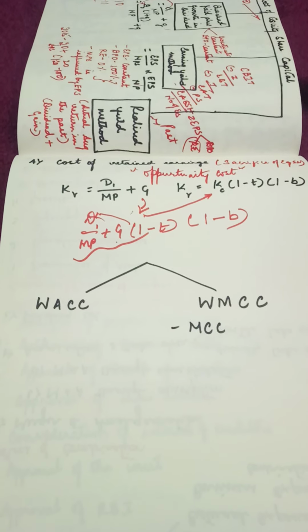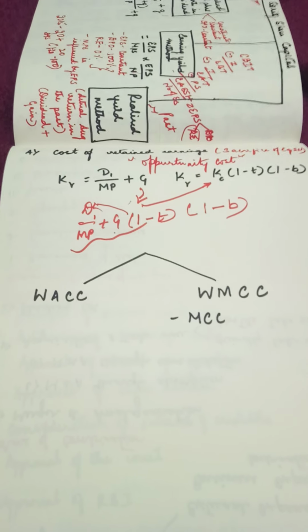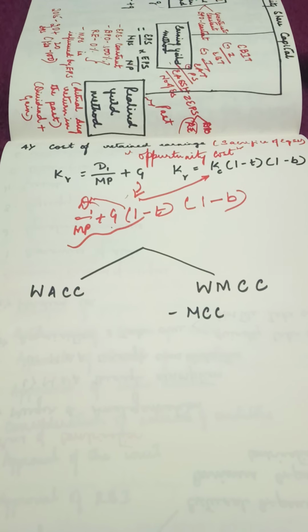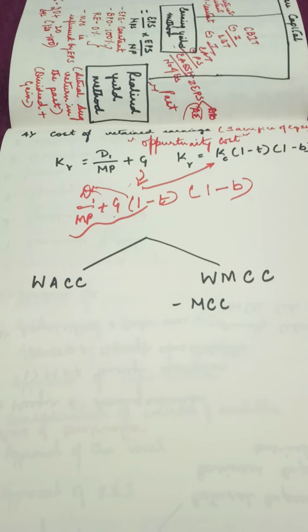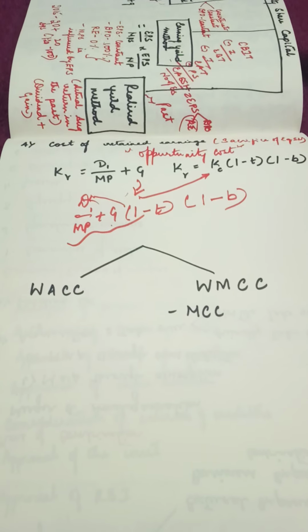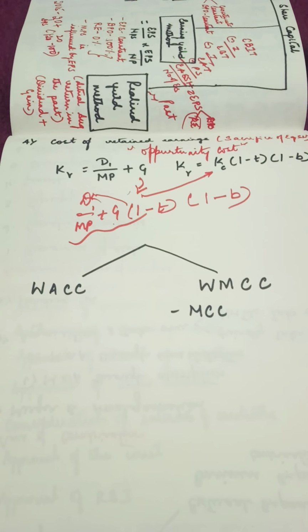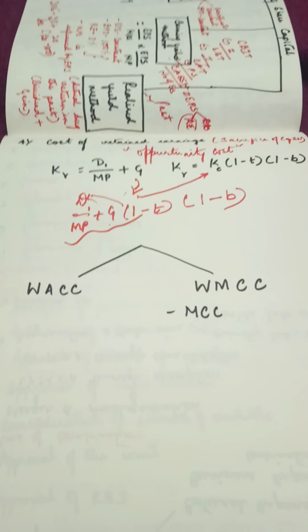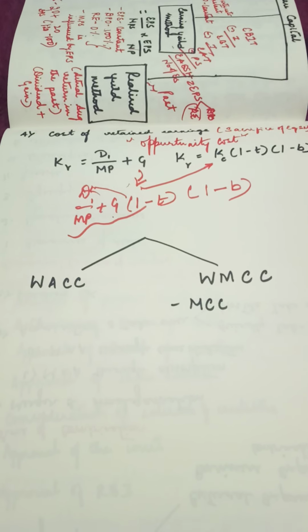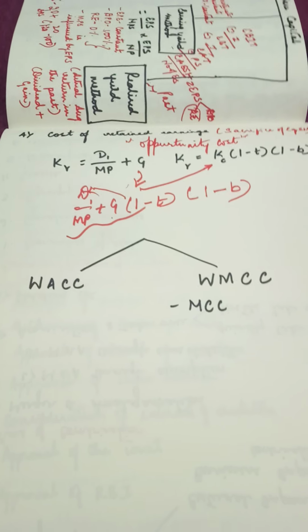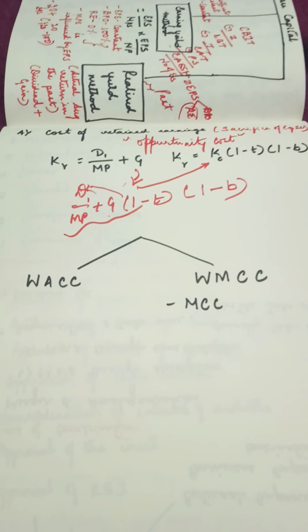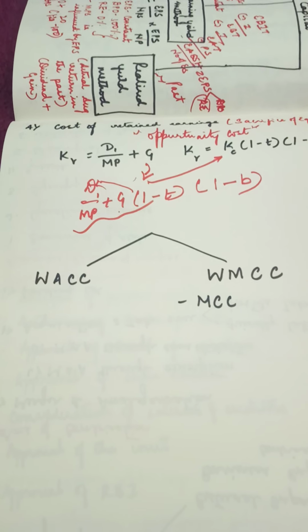What is overall cost of capital? The calculation of cost of capital of various sources put together. So here the cost of equity, debt, retained earnings, all these sources together we calculate the cost, and therefore it is called weighted average cost of capital.